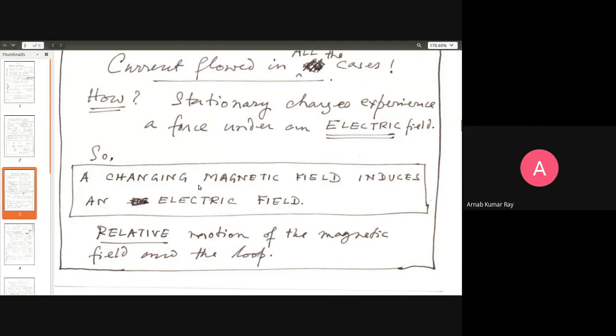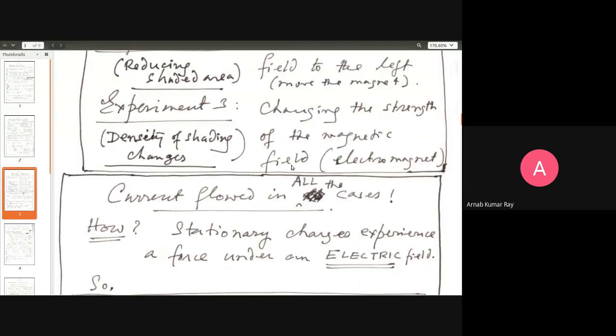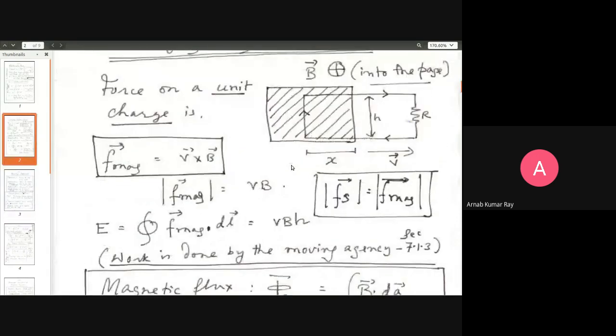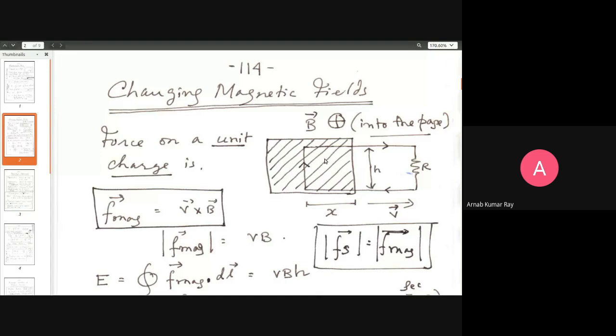Therefore, you're talking about things that are changing in time, magnetodynamics, so to speak. It induces an electric field. Earlier, there was no electric field. Now, suddenly, because of a changing magnetic field, an electric field has been produced. So that is also a changing field. So this is all happening because of the relative motion between these two things. I've given a simple example, but this holds true in general.